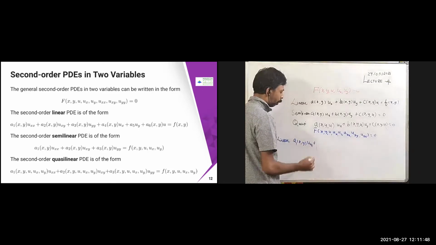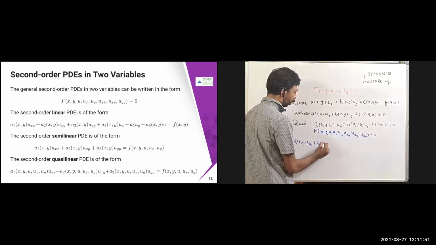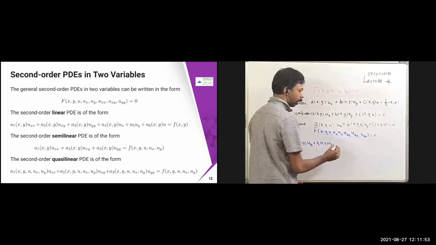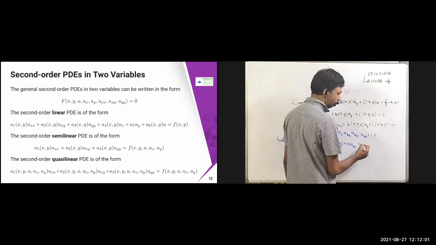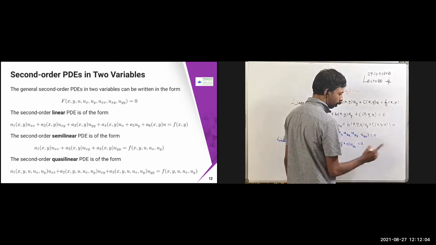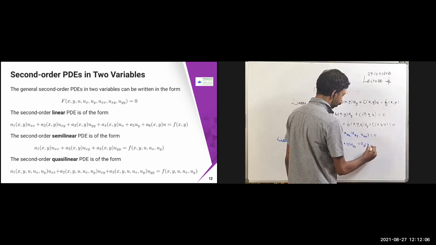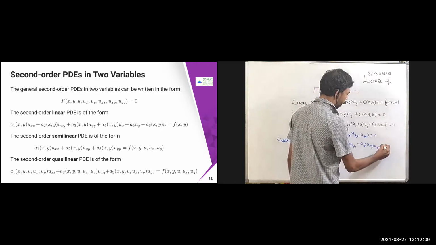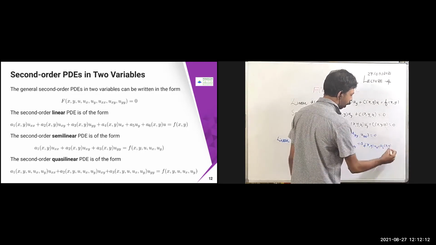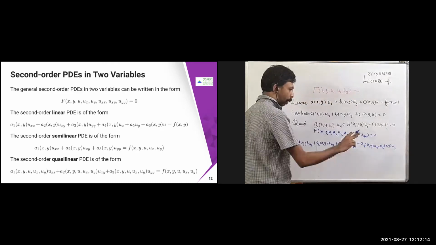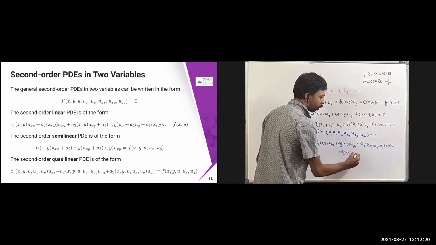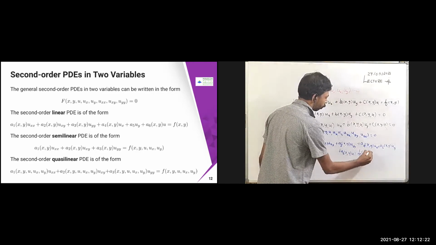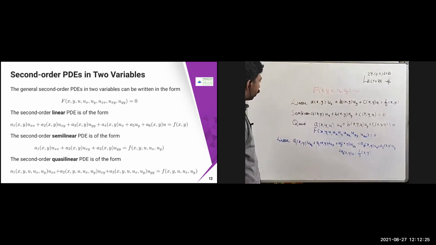So a1 of x comma y comma uxx, a2 of x comma y comma uxy, and then a3 of x comma y comma uyy plus a4 of x comma y comma ux plus a5 of x comma y comma uy, that a5 is also a function of x comma y. Okay, I forgot to put that. So plus a6 of x comma y comma u equal to f of x comma y. This is called a linear PDE in second order.